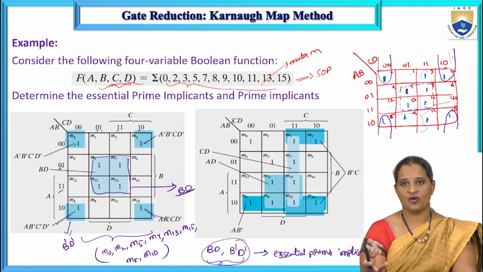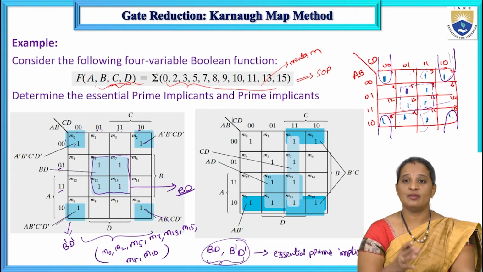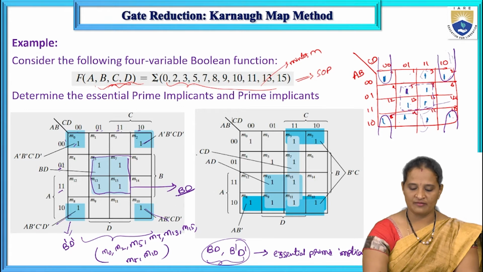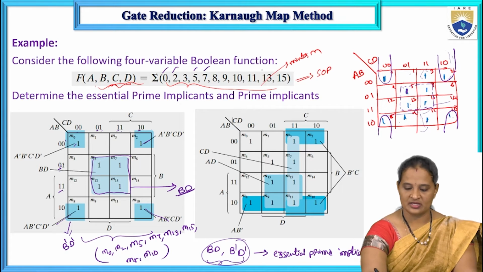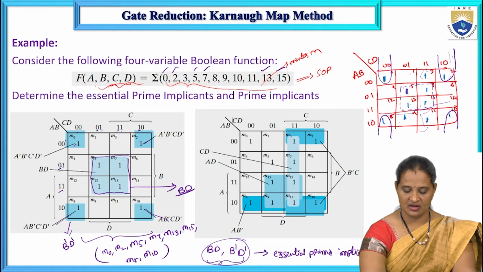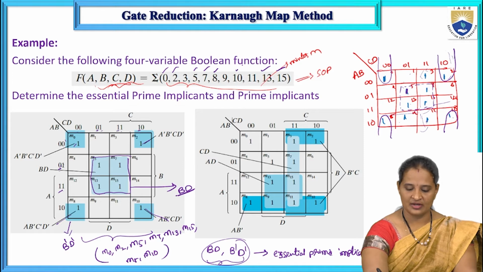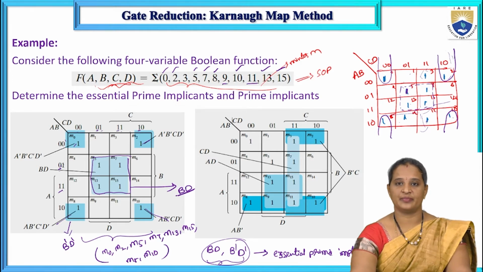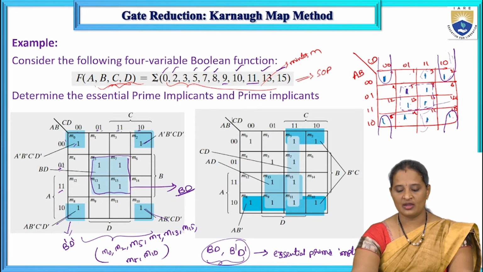Now we need to form the group such that the remaining minterms are covered, in order to avoid redundant terms. So M0, 2, 5 and 7 are covered. Next 13, 15, 8, 10 are covered. So only 9 and 11 are left.